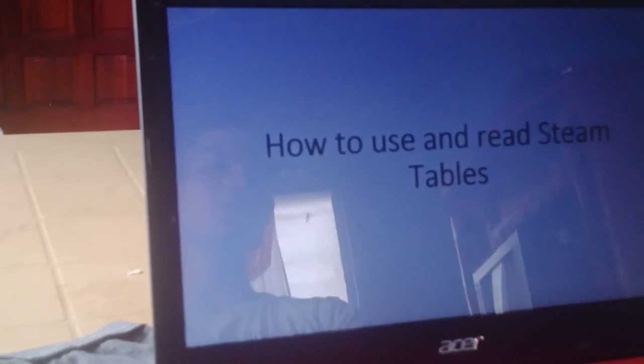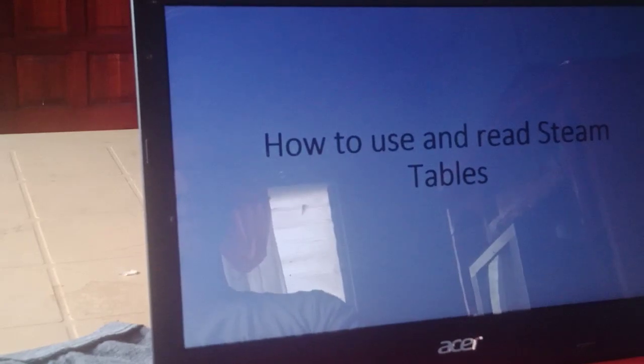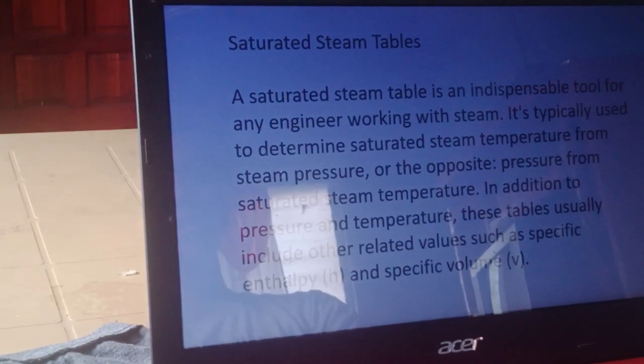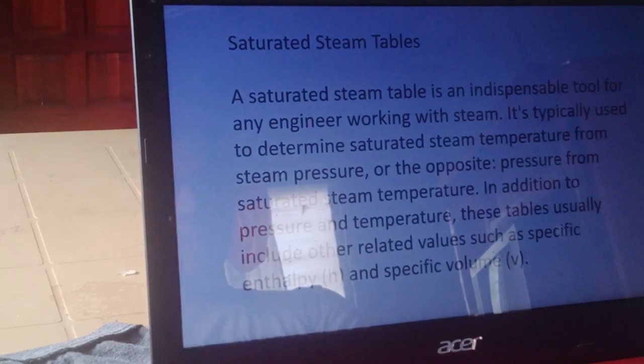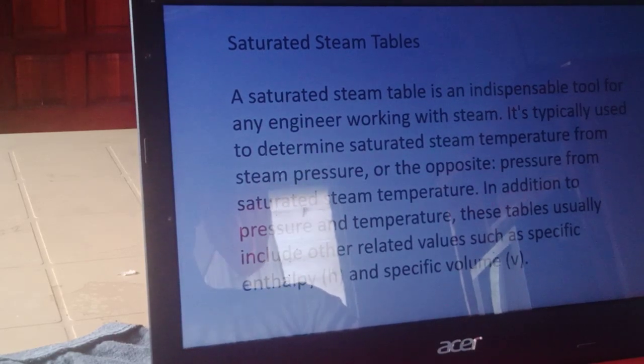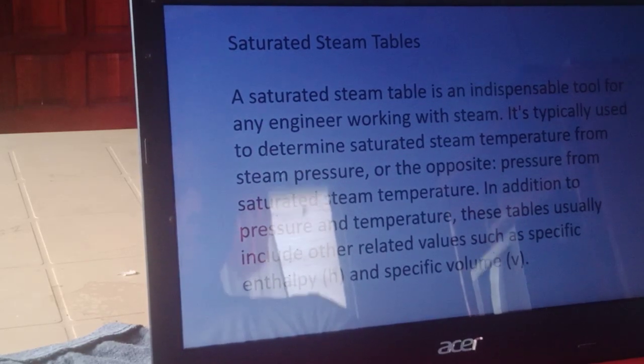Our topic is how to use and read steam tables. Saturated steam tables. A saturated steam table is an indispensable tool for any engineer working with steam.